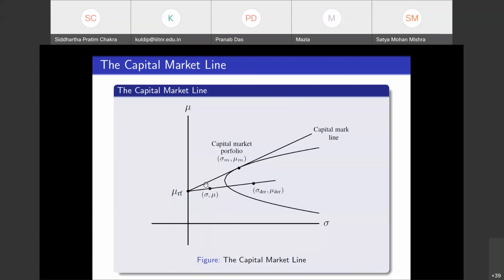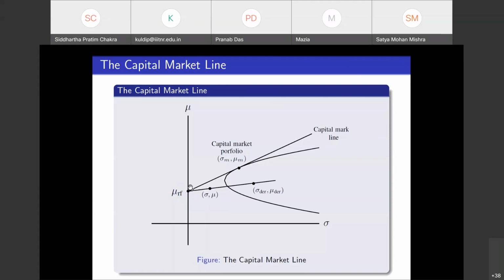Any point on this straight line can be obtained as a linear combination of mu RF and this. So this means that if you want a portfolio on this efficient frontier in the CAPM framework, you take a combination of the risk-free asset and the market fund.